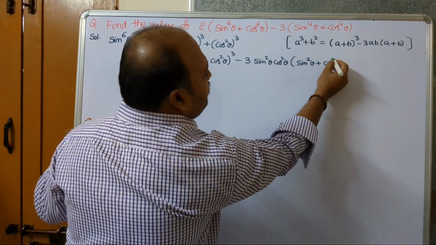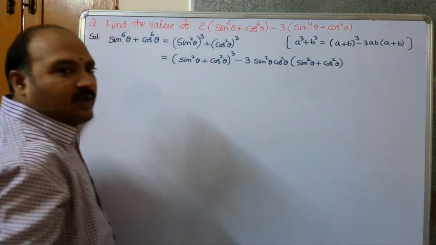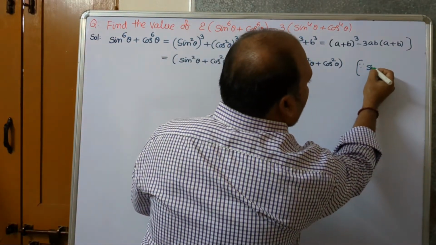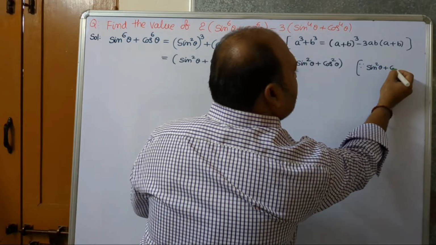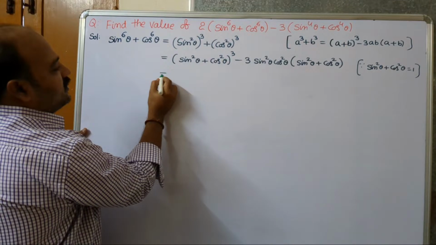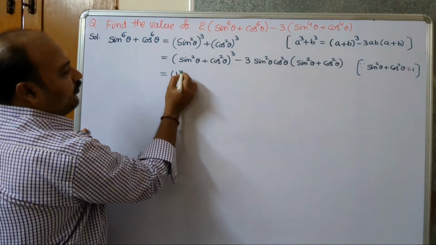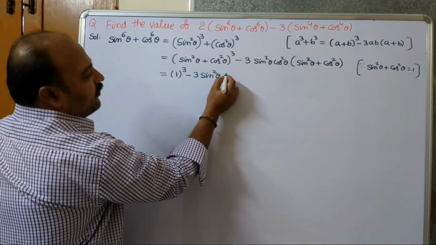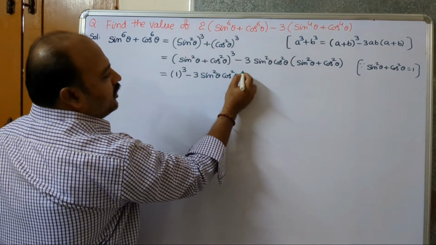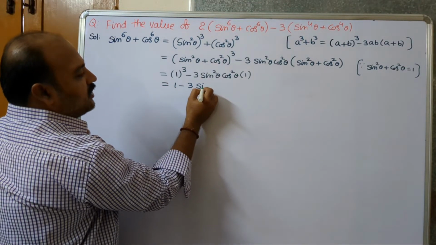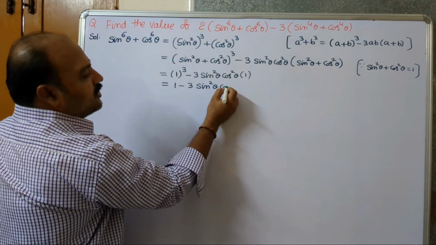Okay, dear students. We know that sin square theta plus cos square theta value is 1. Since sin square theta plus cos square theta is equal to 1, it comes as 1 cube minus 3 sin square theta into cos square theta into 1. So this is equal to 1 minus 3 sin square theta cos square theta.